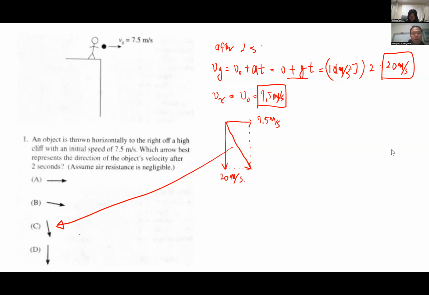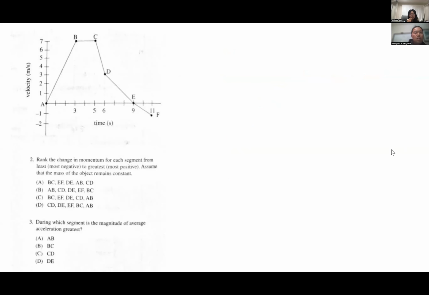Okay, next one. So you see the graph of the velocity versus time. Number two, rank the change in momentum for each segment from least, most negative, to the greatest, most positive. Assume that the mass of the object remains constant. And problem three is also about this graph. During which segment is the magnitude of average acceleration greatest? Maybe you can just spend some time to think about it.